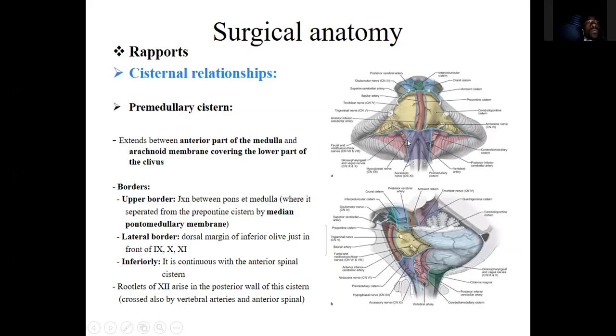So in this cistern, as main nervous structures, we have the glossopharyngeal nerve rootlets that arise into this cistern, as we can see here anteriorly, and we can see here too that the limit is just in front of the rootlets of the three other medullary cranial nerves.